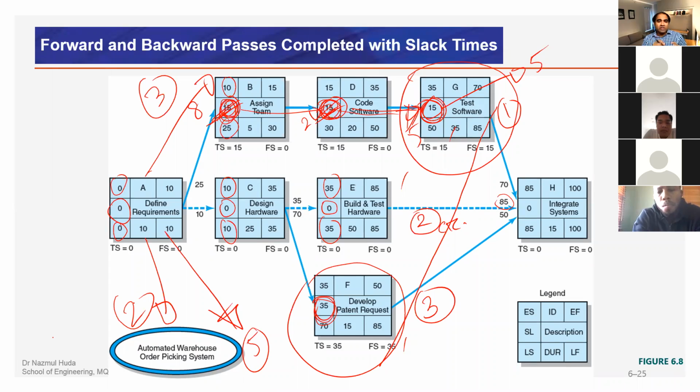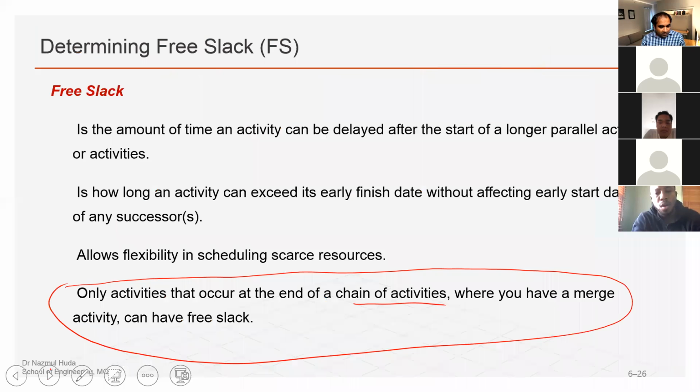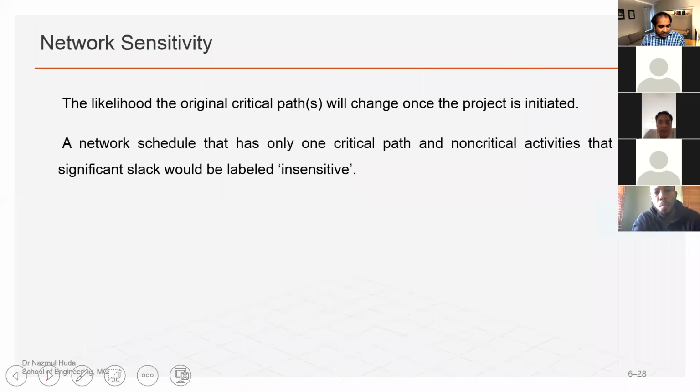If any activity within those shorter-slack chains changes, that will become the critical path. So the original critical path will change if we have a sensitive network, with shorter total slack in a very complex project network diagram. That is network sensitivity.